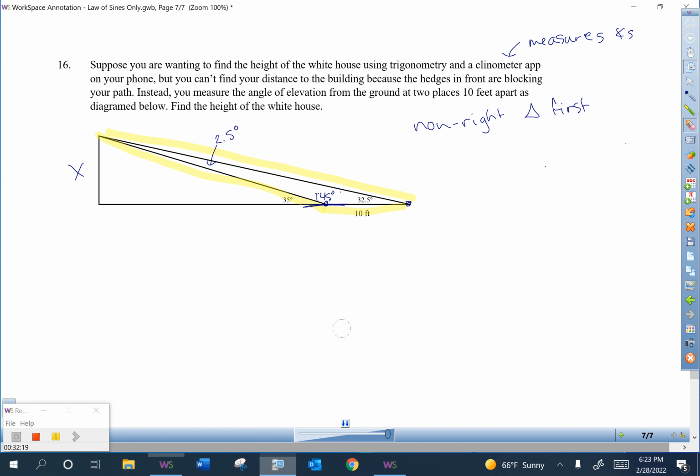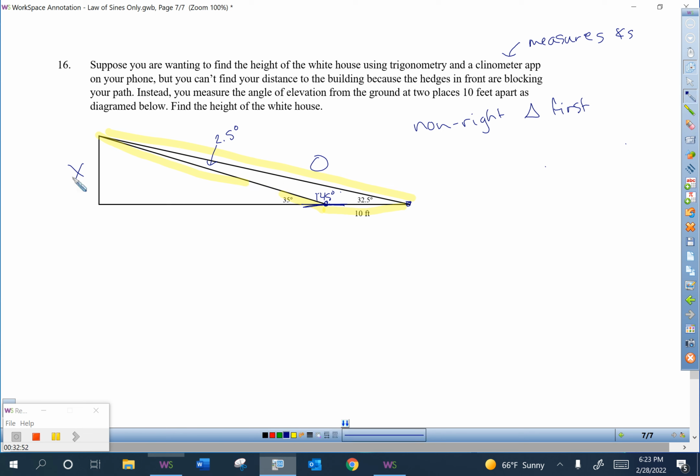And the reason that's helpful is because now I can solve this triangle for either this missing side or this missing side. And that's super significant because the whole reason we couldn't use the right triangle is because we didn't know one of the other sides of the picture. We can use this obtuse triangle to find one of those. And it doesn't matter which one you go find. I usually like to use the outside one just because the inside of my picture is usually messier.